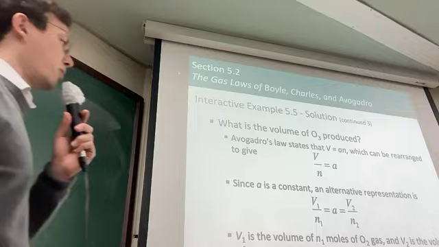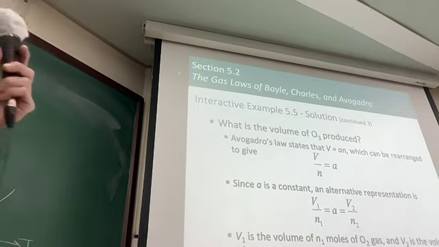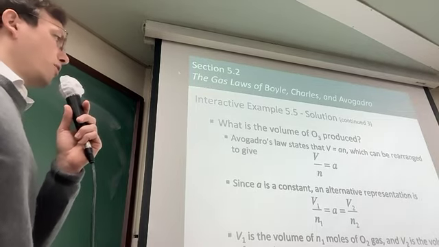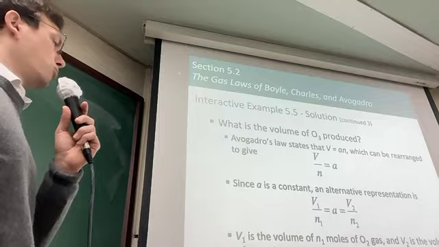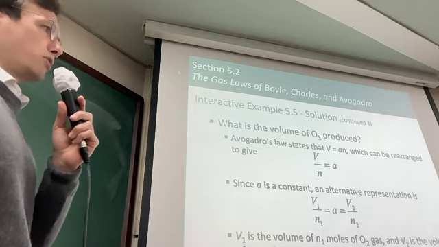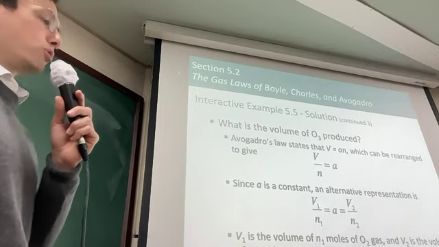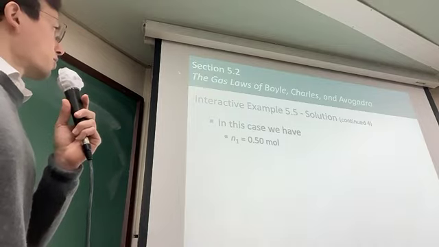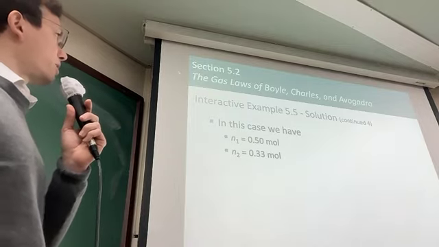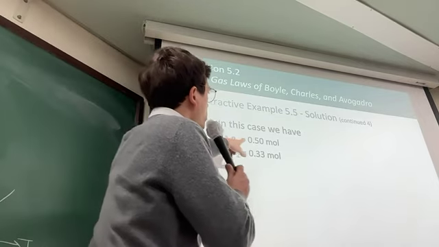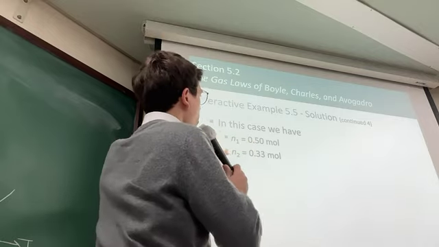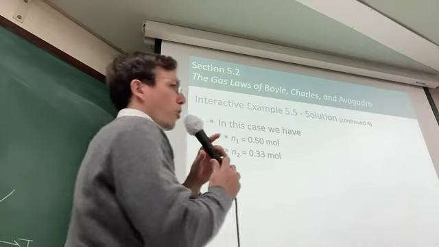So V1 is now the volume of N1 moles of O2 gas, while V2 is the volume of N2 moles of ozone gas. We converted all the O2 to O3, so initially we had 0.5 mole of O2, and now we have 0.33 mole of ozone.